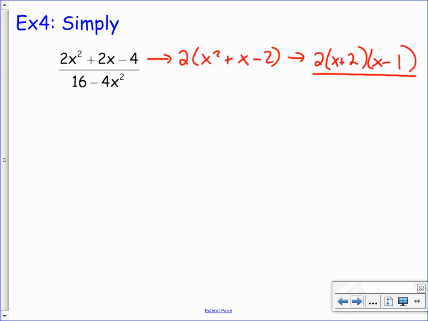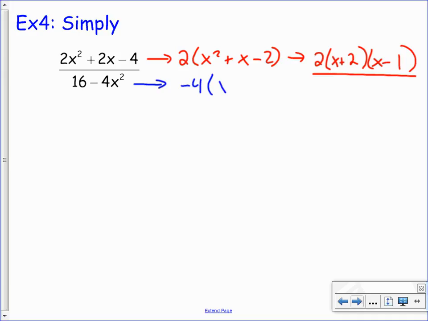Here we go. Bottom. There's a GCF. Remember, I like GCFs a lot. It's not 4. Negative 4 is the GCF. If your greater degree is at the end, put the GCF as a negative, so that way it flips it to the front. So it becomes negative 4.